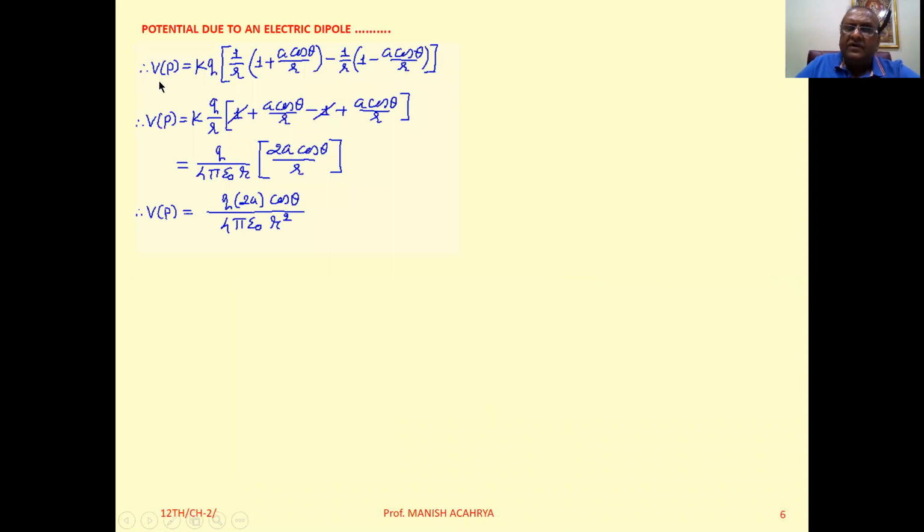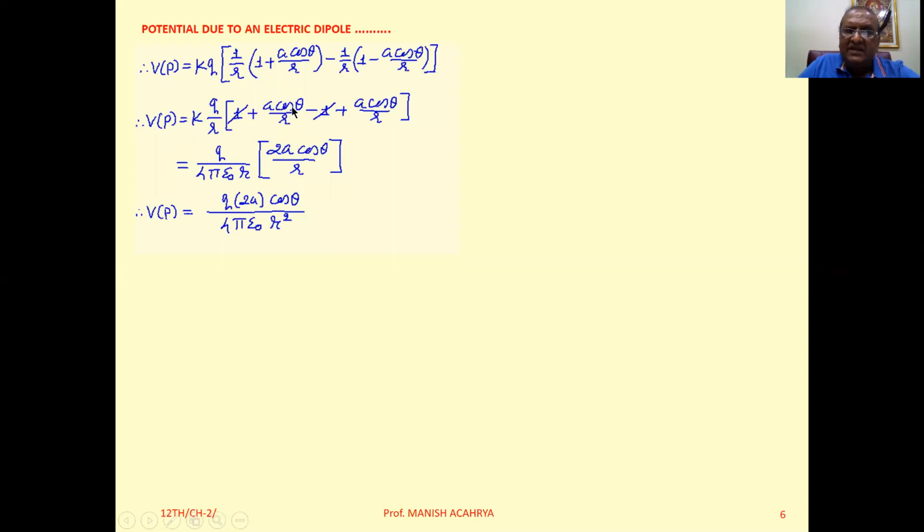So potential at P is equal to KQ into 1 upon R1 replaced by 1 upon R into 1 plus A cos theta by R, minus 1 upon R2 replaced by 1 upon R into 1 minus A cos theta by R. Take 1 upon R common. So KQ by R into, simplify this bracketed term.